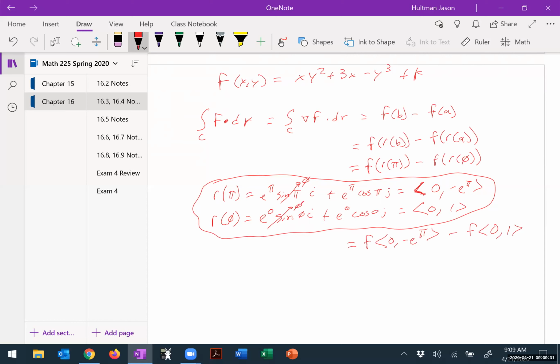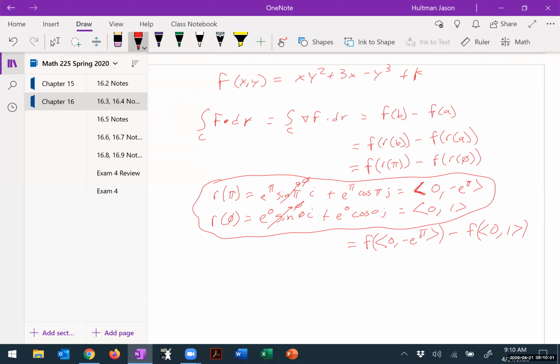So kind of think of it like that. Now what was f? F was our original function, right? So wouldn't these be my x and y values that I'm going to be plugging into my function? Yeah. So let's go ahead and do that. Let's plug in. Every time I see an x, isn't that going to give me a 0?